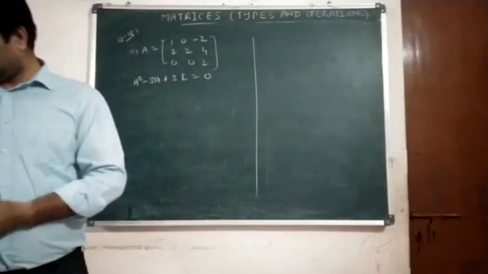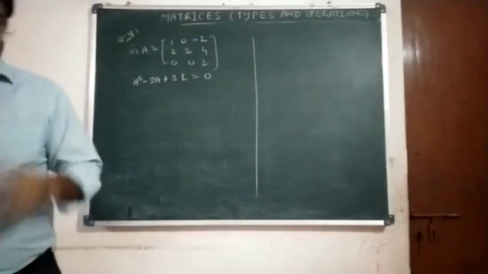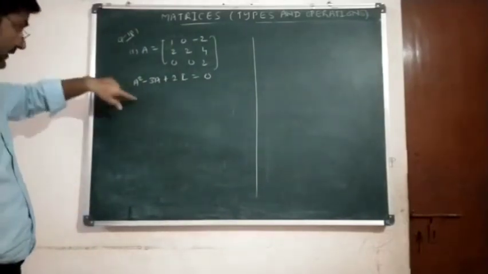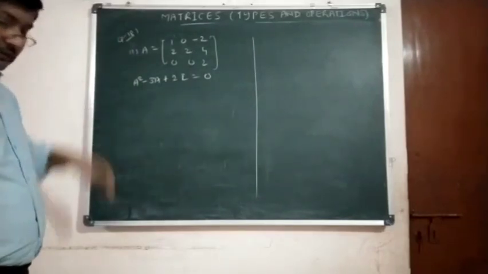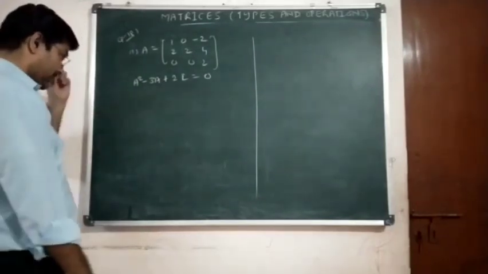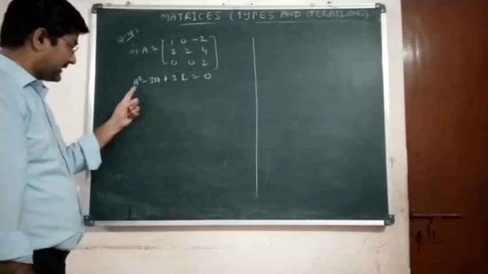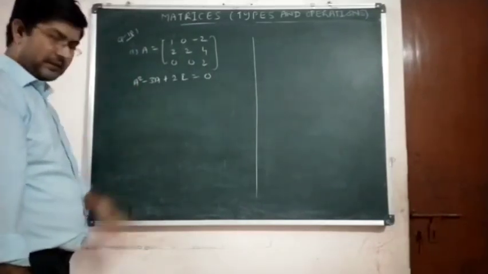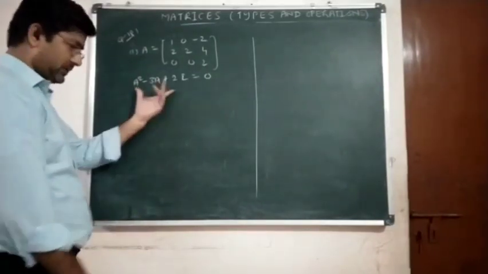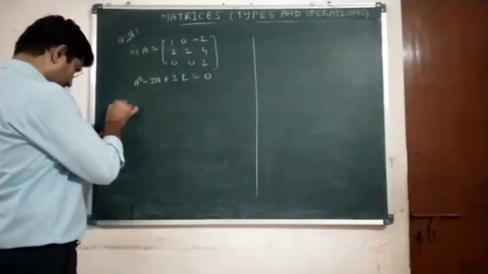So in short we have to show LHS is equal to RHS by putting the values of A in the given expression on the left hand side. Before that we will first calculate A square, then 3A and then 2I, and then we will find this expression. Clear? So let us calculate A square.